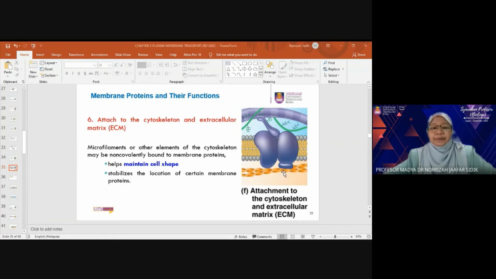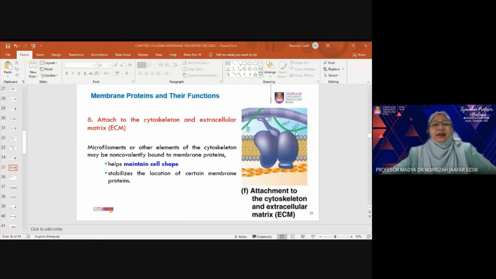Another function is attachment to the cytoskeleton and extracellular matrix. You can see in the figure here the attachment to the cytoskeleton and the extracellular matrix. Microfilaments or other elements of the cytoskeleton may be non-covalently bound to membrane proteins. This helps to maintain the cell shape and also to stabilize the location of certain membrane proteins.